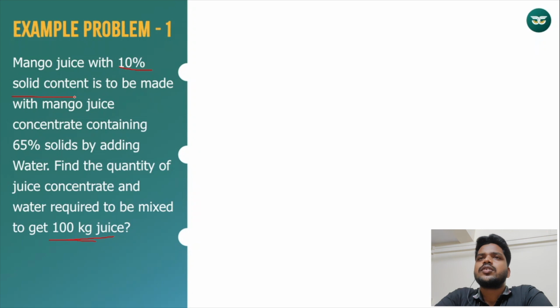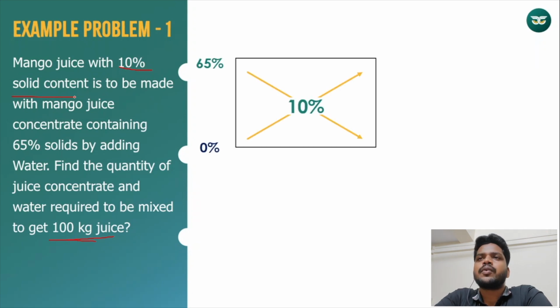As we saw in the concept, similarly we make a box. In it we add the 65% concentration of the concentrate, and the solid concentration of water will be 0. What is our target product? Mango juice with 10% solid content.